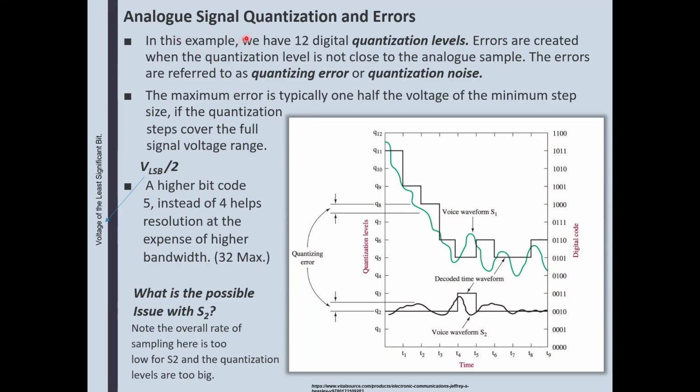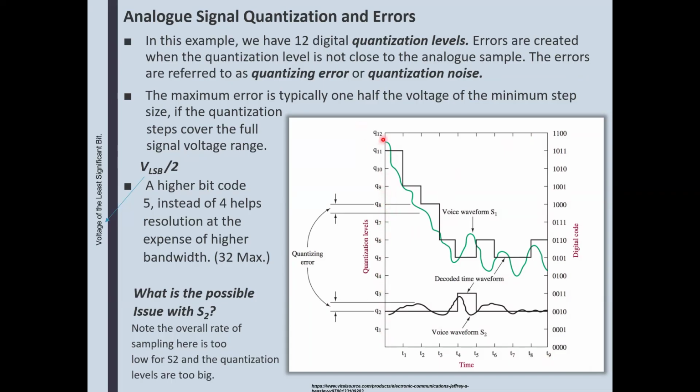The analog signal quantization and errors. Here's the sample. We have 12 digital quantization levels, 0 to 11. All right, 1, 2, 3, 4, 5, 6, 7, 8, 9, 10, 11.